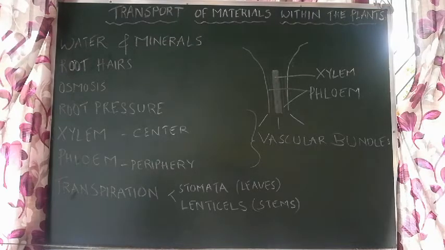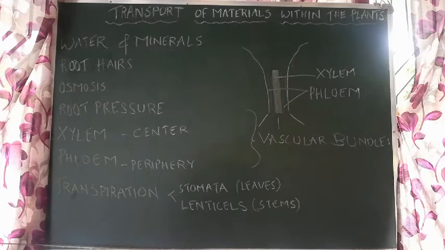So how many vascular bundles do plants need? Two types of vascular bundles, one to carry water and minerals and the other to transport food material. We know a plant has roots, stem and leaves, right?